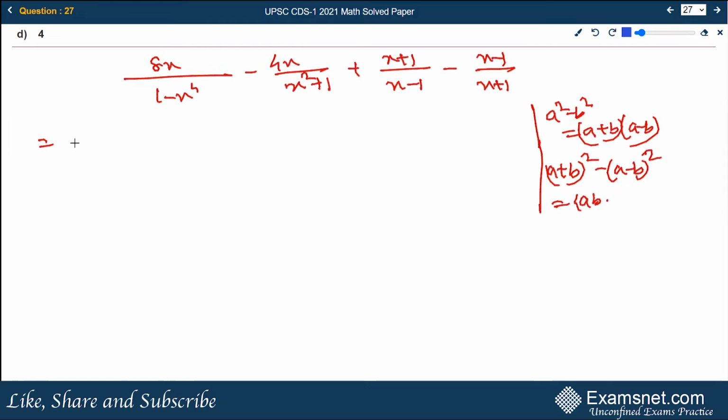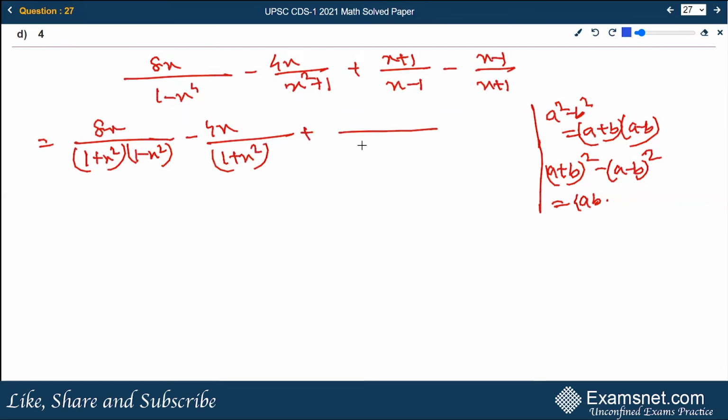So first let's start with 8x by 1 minus x to the power 4. I can write it as 1 plus x square times 1 minus x square, minus 4x by 1 plus x square, and after doing the LCM, I will get x plus 1 whole square minus x minus 1 whole square.